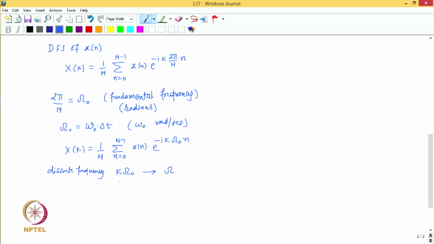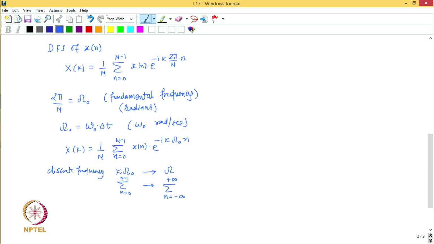The limits in the summation would also change from n equal to 0 to n minus 1 to, now, because samples have become infinity, in both directions this limit would change from n equal to minus infinity to plus infinity.